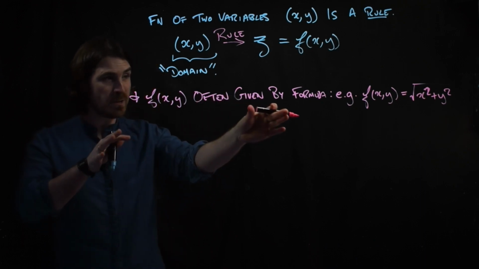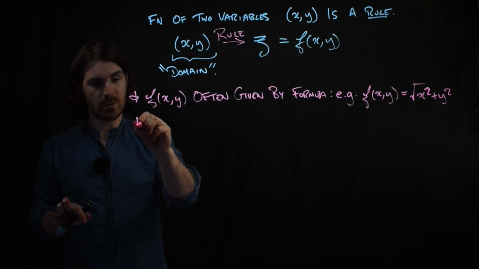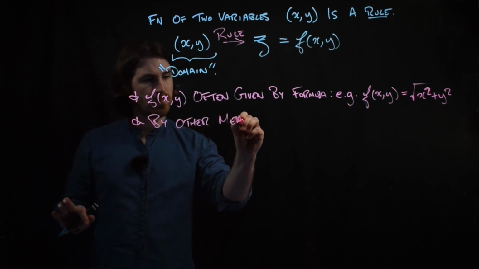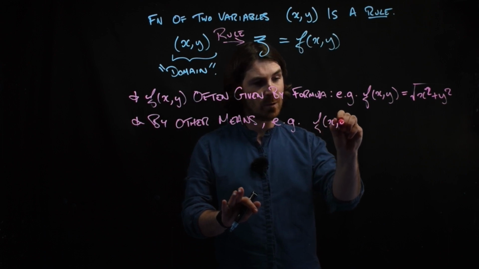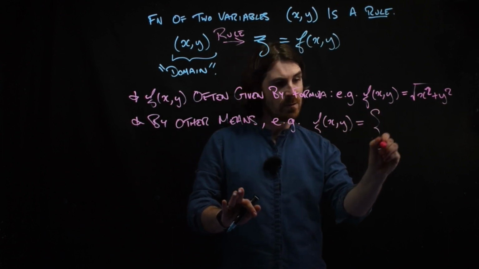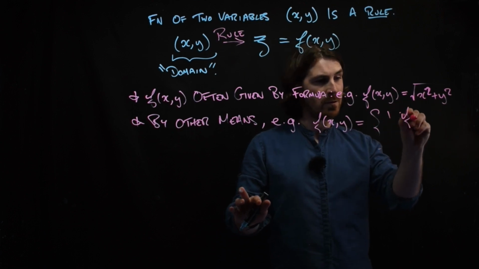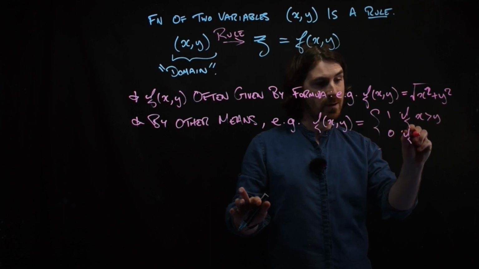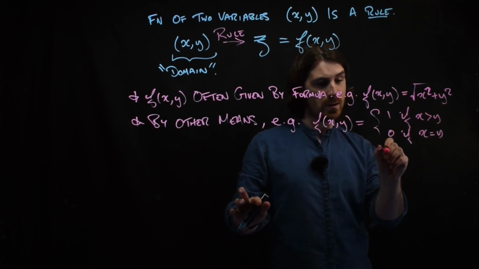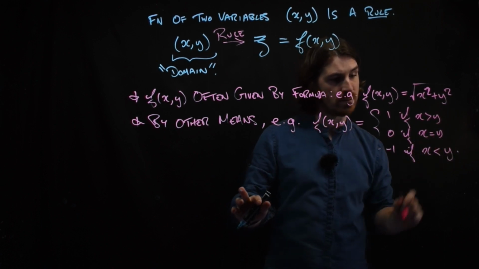But it doesn't have to be given by a formula. It can be equally given by other means. So for example, let's have a function f of x and y defined by the following. It's 1 if x is greater than y, it's 0 if x equals y, and it's -1 if x is less than y.